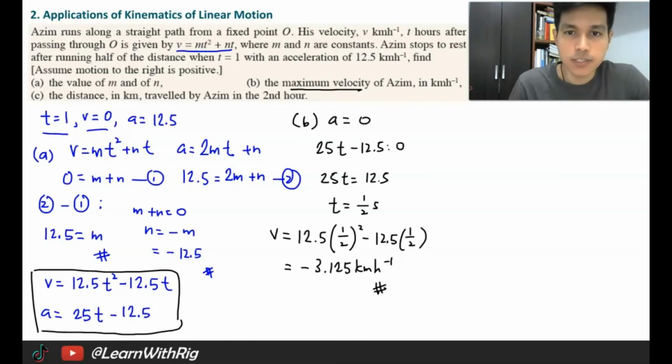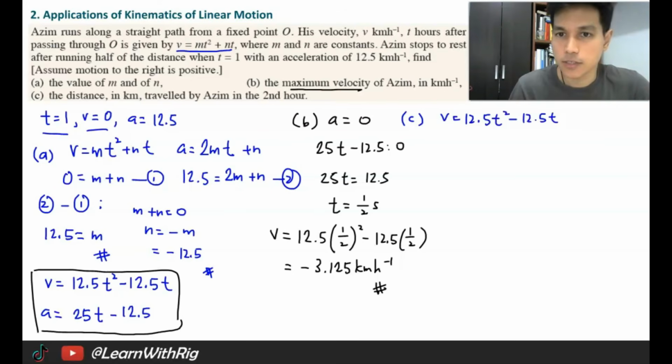Alright, question C. Distance traveled by Azim in the second hour. So they only ask for the second hour. Same thing, we want to draw our graph first. So our velocity is v equals 12.5t² minus 12.5t.